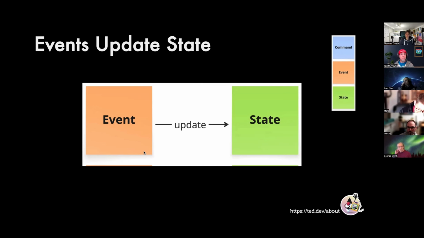And it's important to separate these because when we want to rebuild that object in memory, so that we can take it from storage and rebuild it in memory so we can execute a method against it, we need to have the current state. Well, how do we build that state? We take all the events that ever happened and apply them, and now we have the current state.